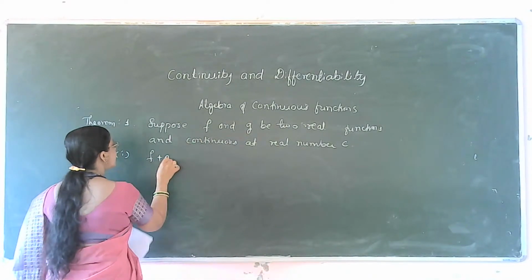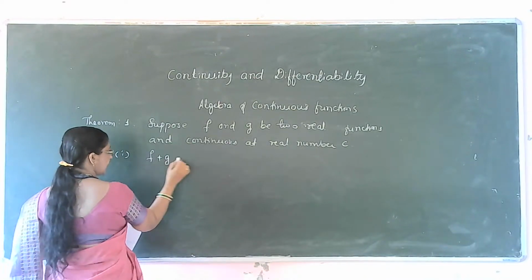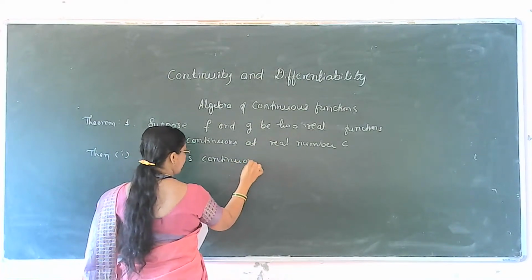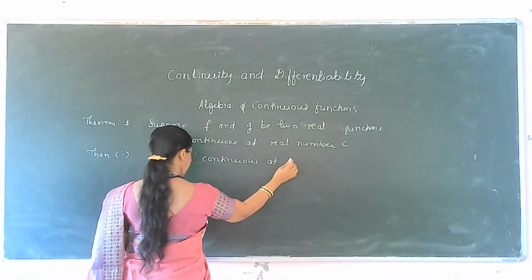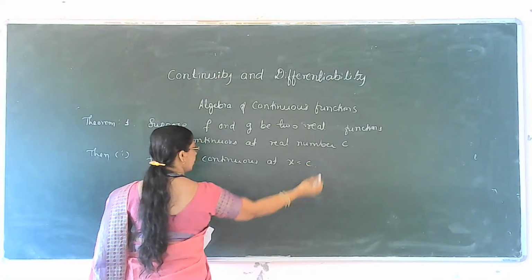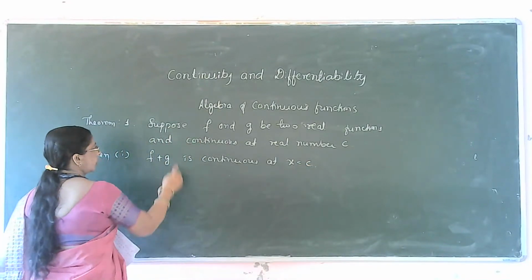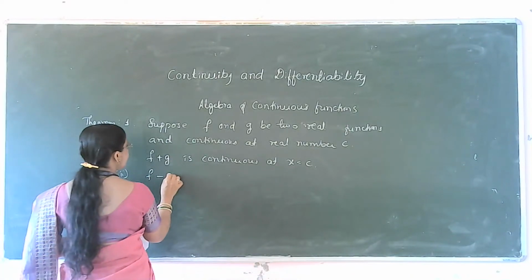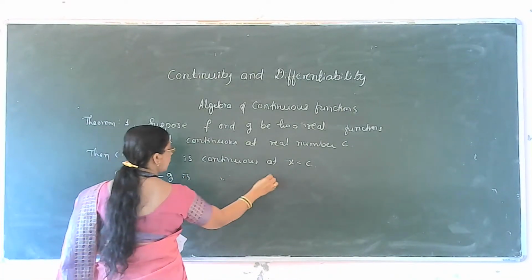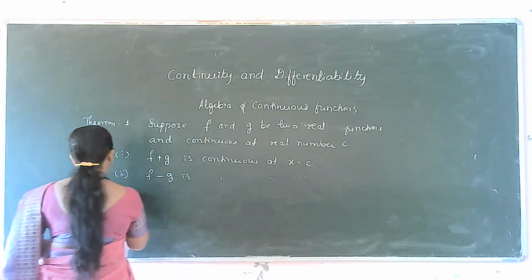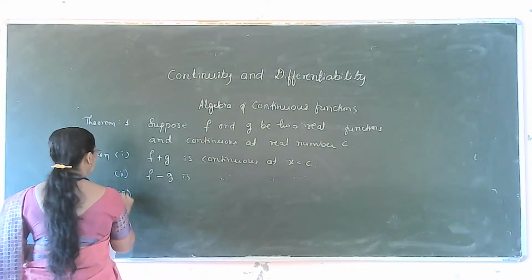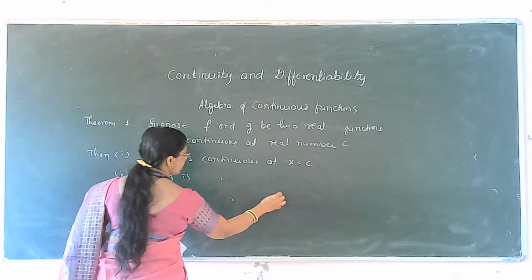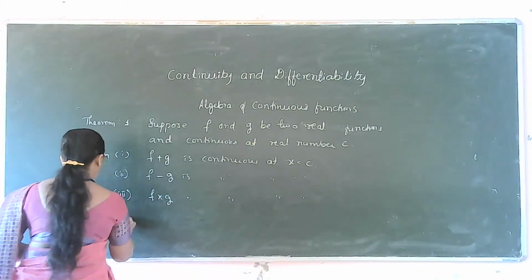Then, one, f plus g is continuous at x equal to c. Second, f minus g is continuous at x equal to c. Third, f into g is continuous at x equal to c.